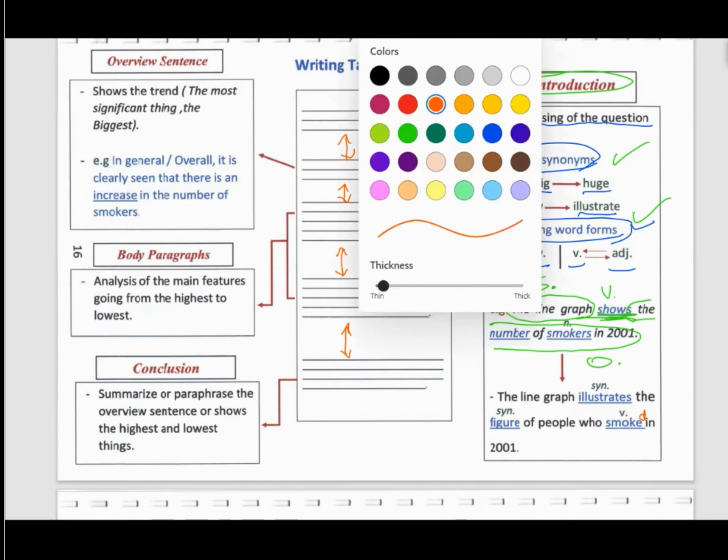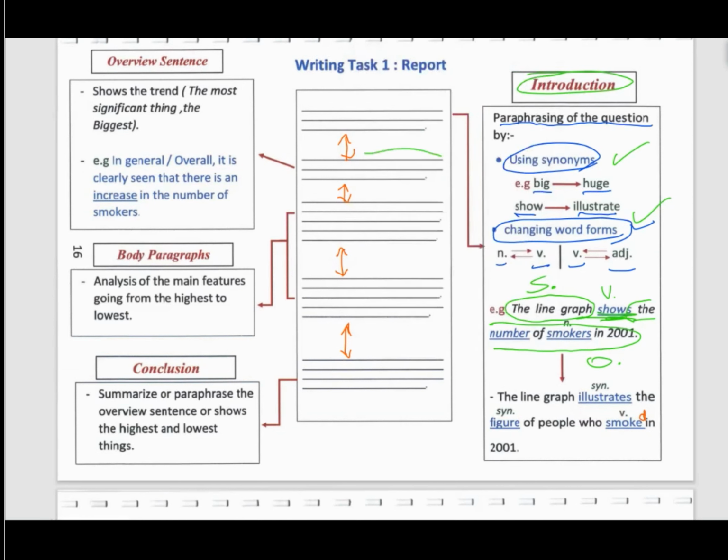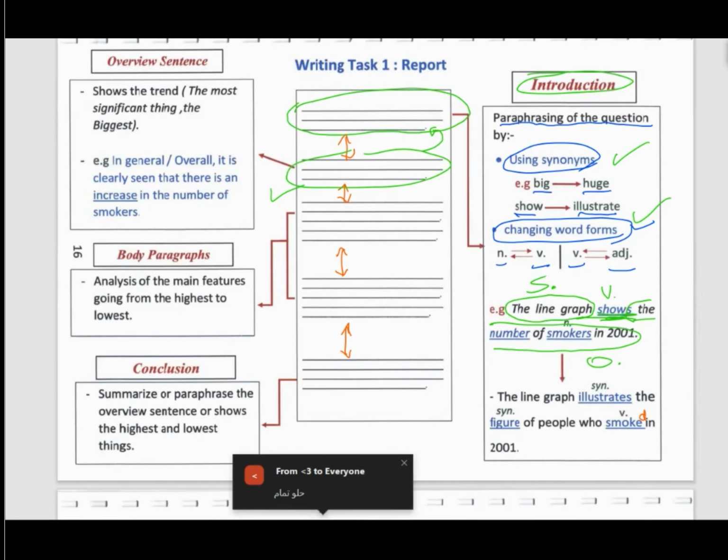Then, if you want to put this sentence, overview sentence, with the introduction, it can be here after the full stop. You continue writing the overview sentence, yes, in general. Or you can separate the introduction paraphrasing here and the overview sentence here in another paragraph. Both ways are correct. Clear?